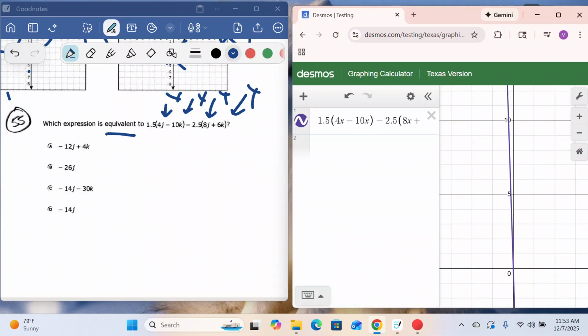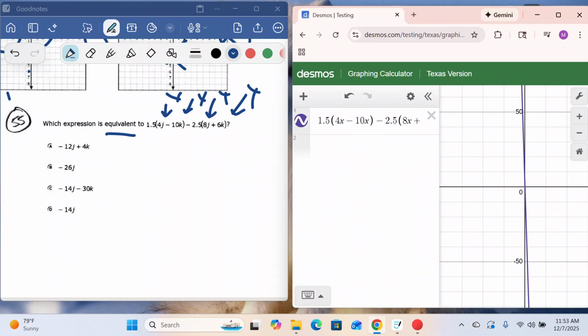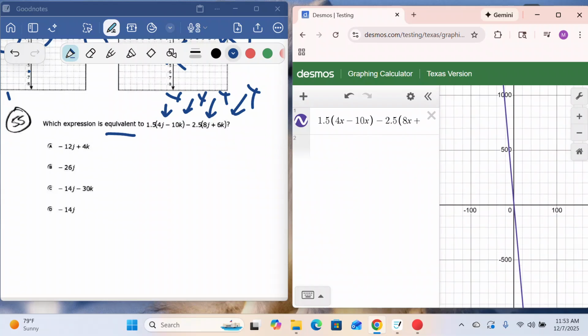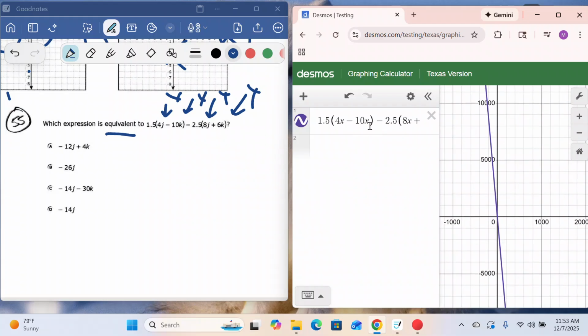And then I want to enlarge my graph. So I have my graph right there. If I look at it, it looks like we have a line. So let me see if I inputted everything correctly.